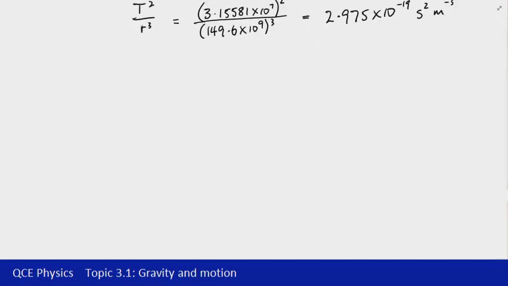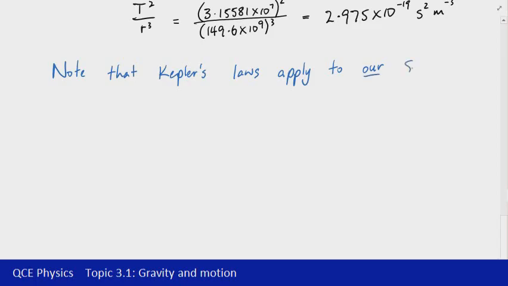One last thing to note here is that when we consider Kepler's laws, they were formulated based on our solar system. There are a lot of other solar systems that we've seen out there that are fairly similar to ours, but it's important to note that these laws are based on our solar system. They would also apply to anything that resembles our solar system.